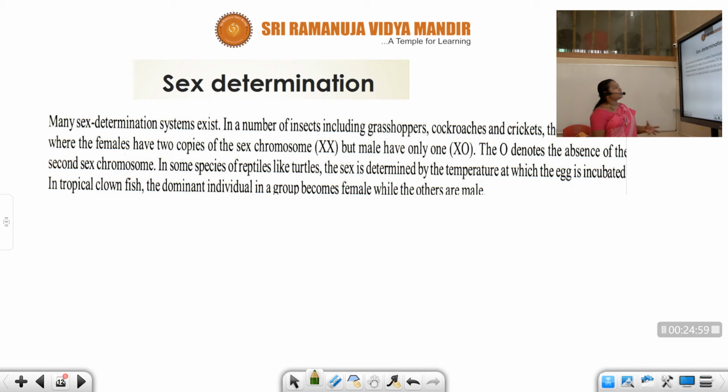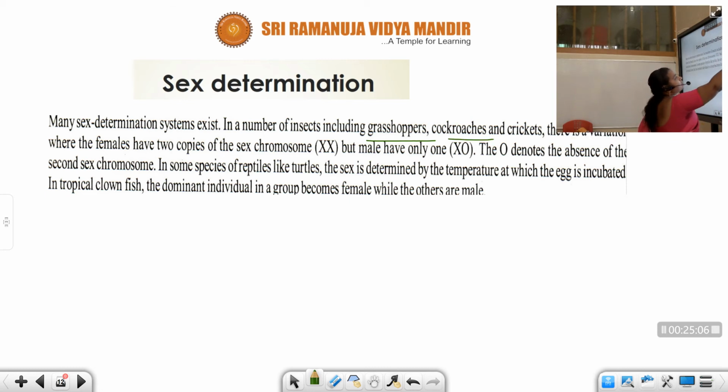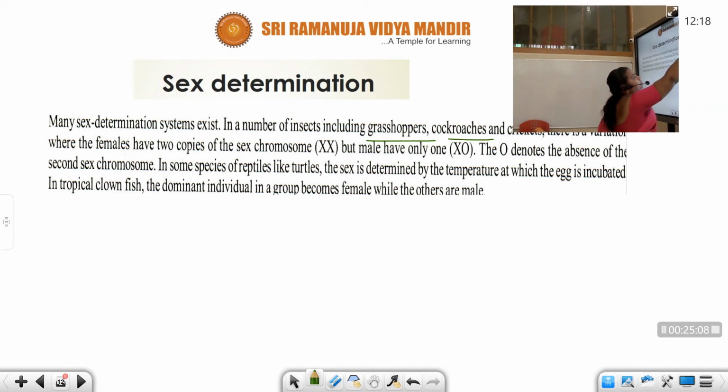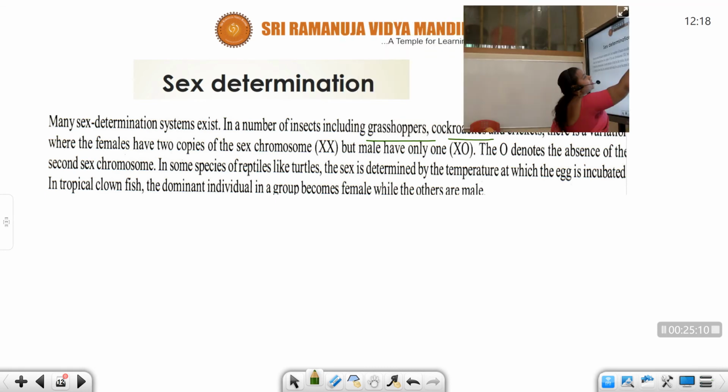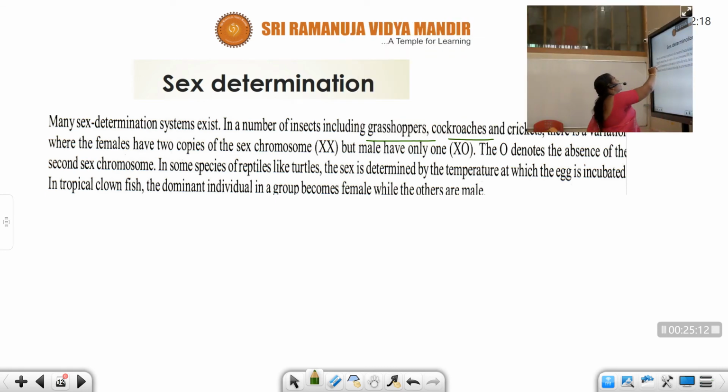Many sex determination systems exist in a number of insects, including grasshoppers, cockroaches and crickets. There is a variation where females have two copies of the sex chromosome but males have only one, that is X. Here the O indicates the absence of the second chromosome.